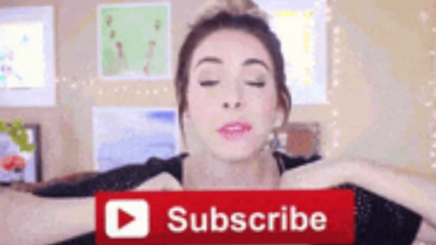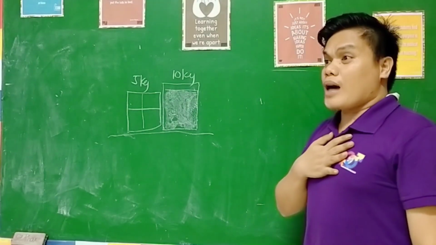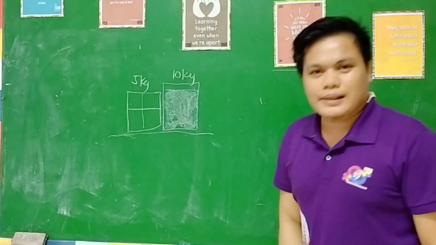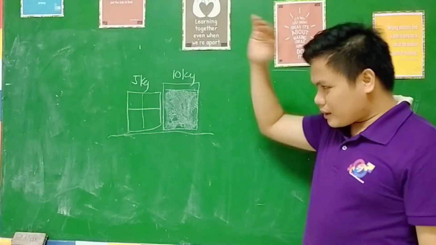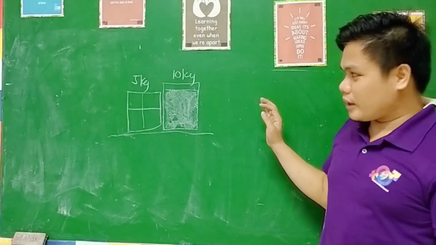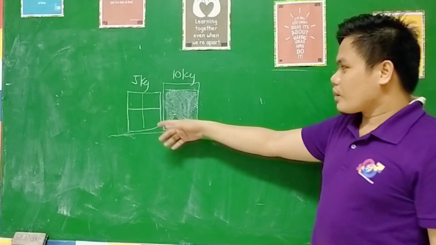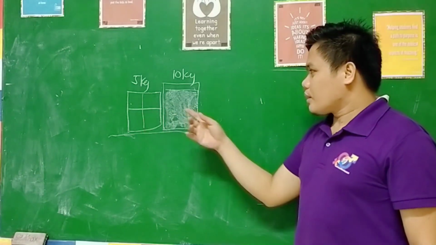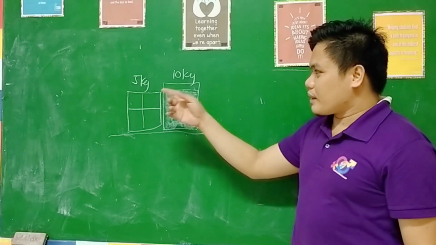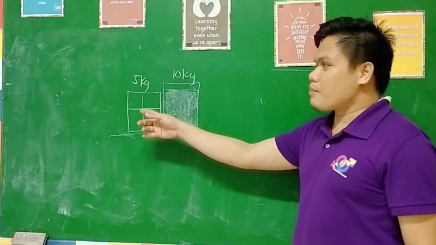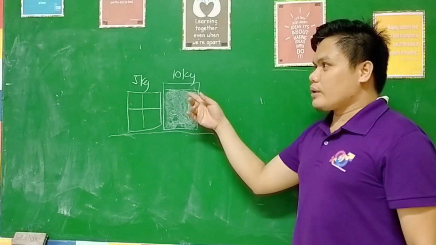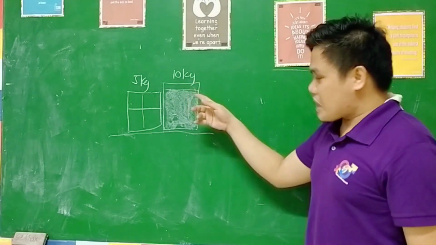Okay, for us to calculate the acceleration as I push the two boxes, let us have a free body diagram. Let us assume that this is the smaller box, this is the bigger one, and that the smaller box has a mass of 5 kilograms and the bigger one has a mass of 10 kilograms.